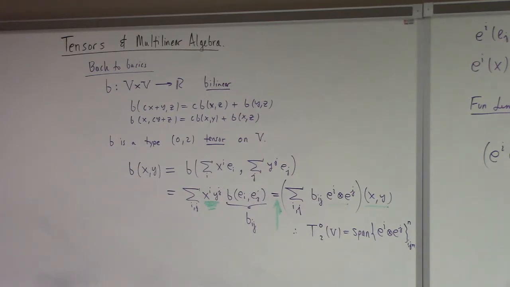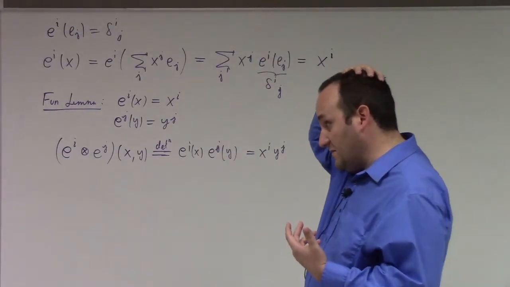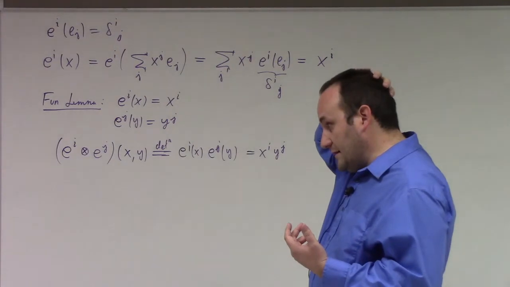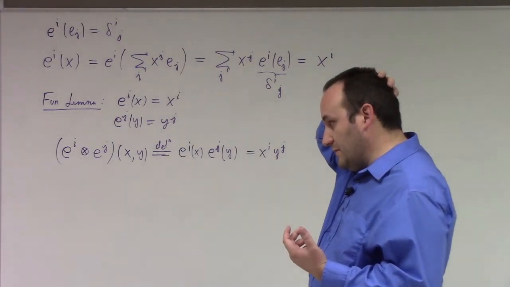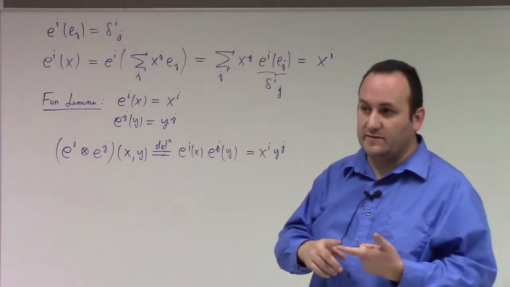All right, let me tell you where we're going. Next class, I will try to be a little bit more systematic. I'll start by defining a little bit more about how we take tensor products of multilinear maps. I think I've captured the main features today, but next class we'll talk more about tensor products, and we'll also start talking about wedge products.